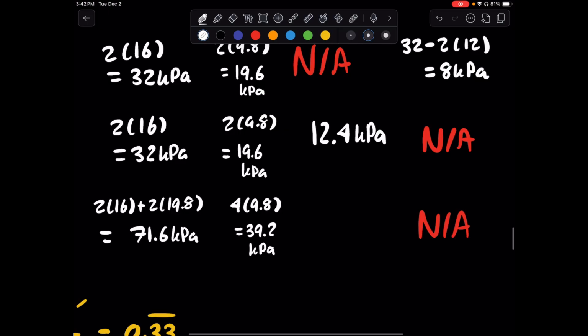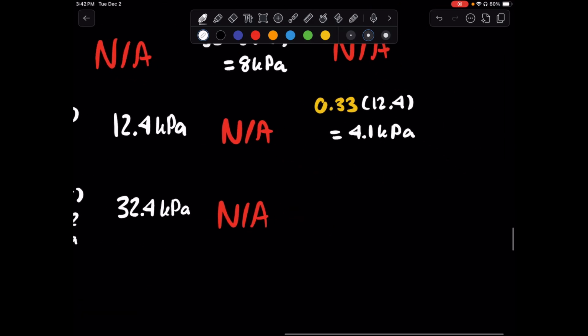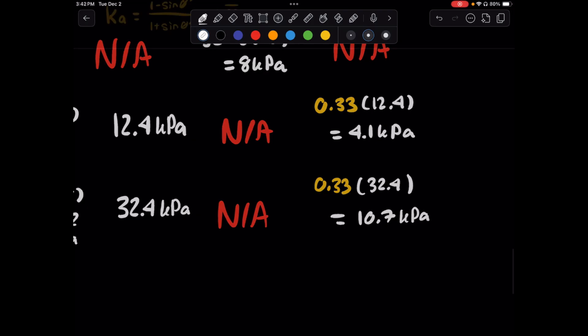So in our effective stress, we're just going to subtract the pore water pressure from the total. That gives 32.4 kPa. And then we're going to multiply it by 0.33. So 0.33 times 32.4 will give us about 10.7 kPa.